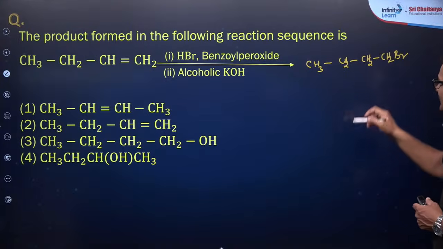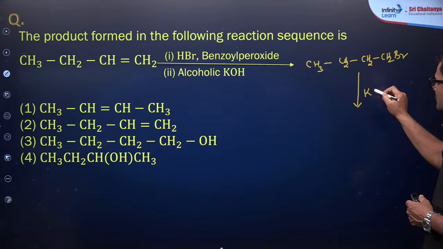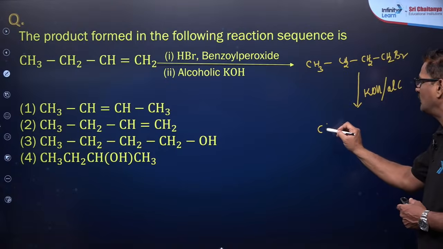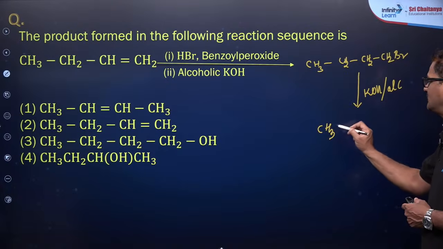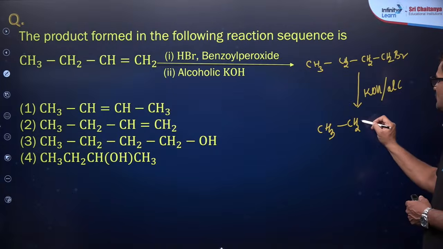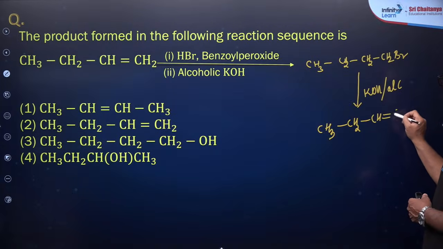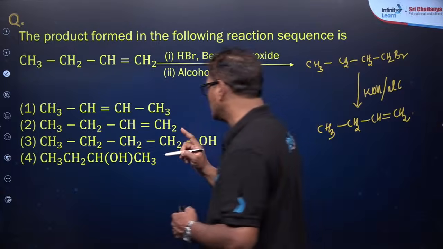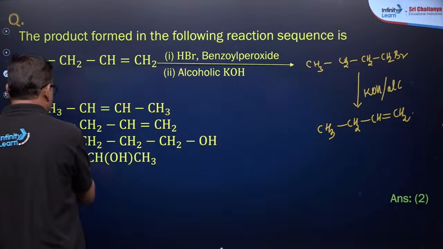So, when it is treated with potassium hydroxide, alcohol, primary alkyl halide undergoes E2 elimination, CH3, CH2 and CH double bond CH2. So, I wanted to say here it is option 2 is the correct answer for this question.